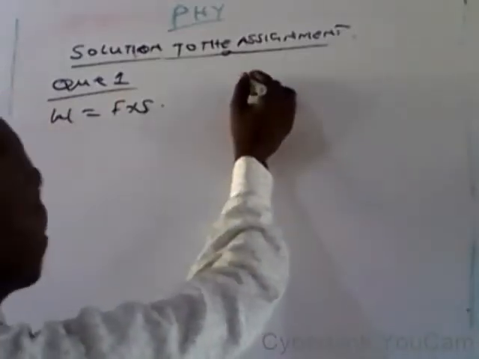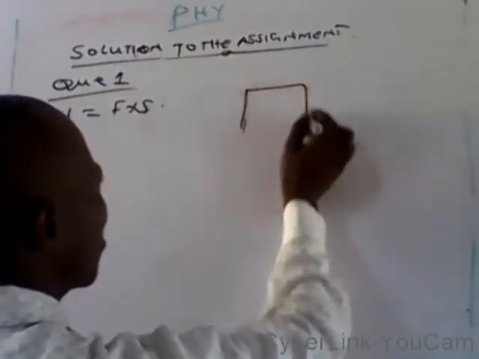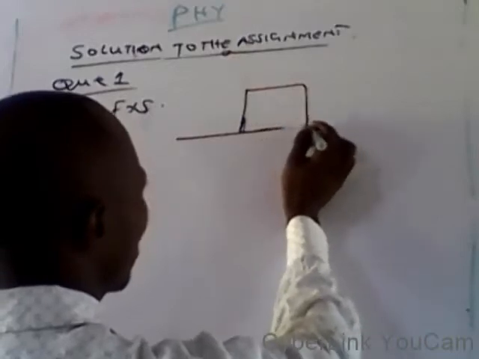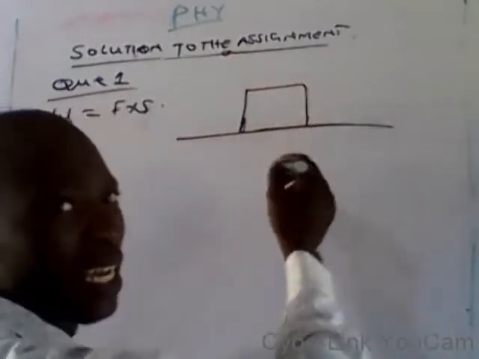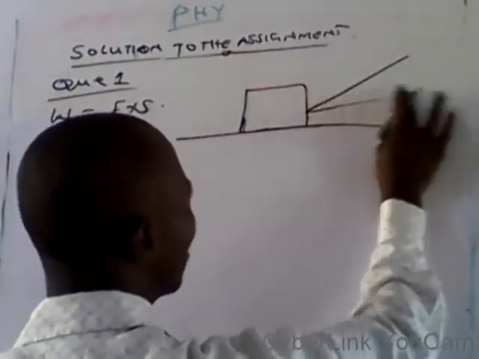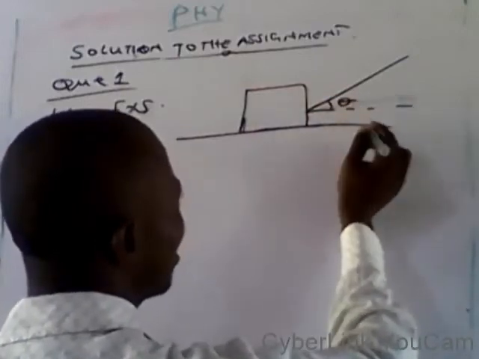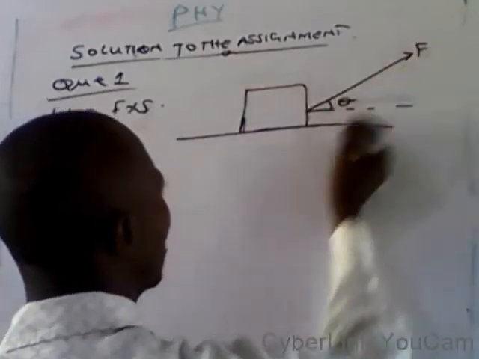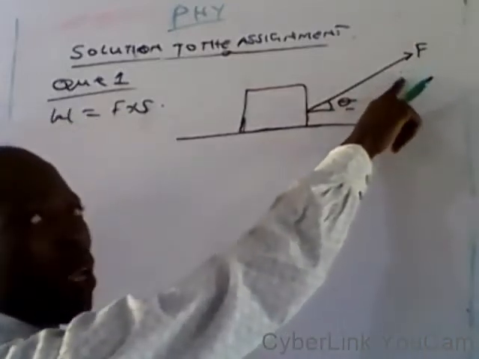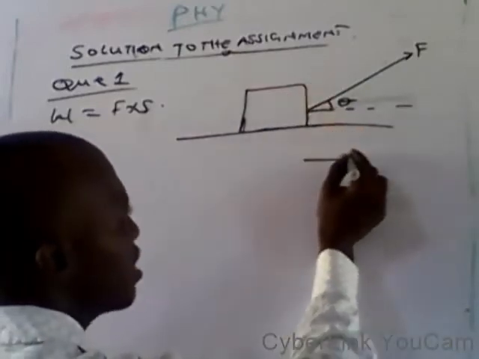In this case, let us say I have a box on the ground, or a crate of bottles, and I have the applied force acting in this manner at this angle, which is theta degrees. Then you are going to use this force to pull this box in this particular direction.